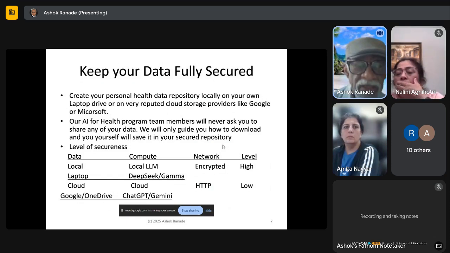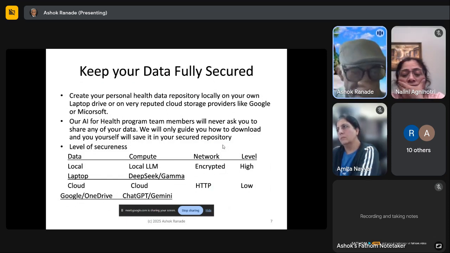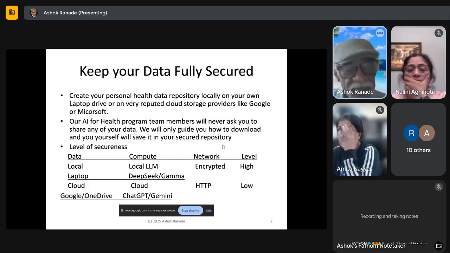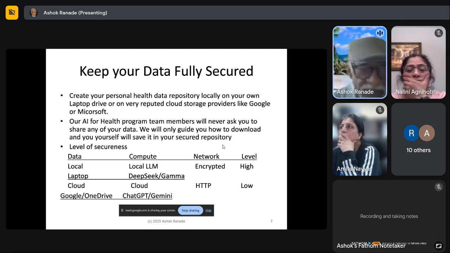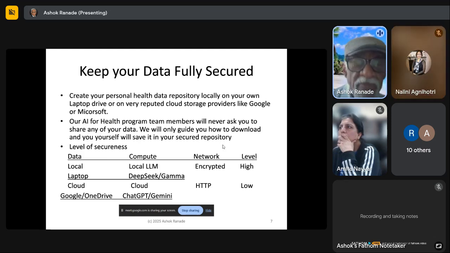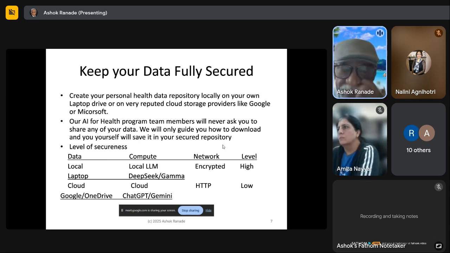As far as data is concerned, the most secured way is to create your data repository locally on your laptop itself. But for convenience, people keep it on a cloud storage like Google Drive or Microsoft OneDrive.